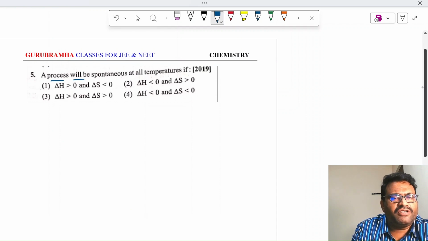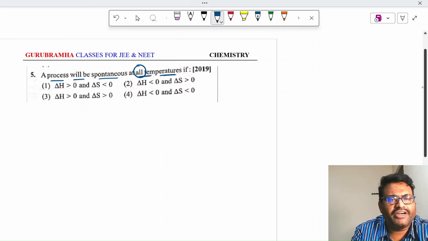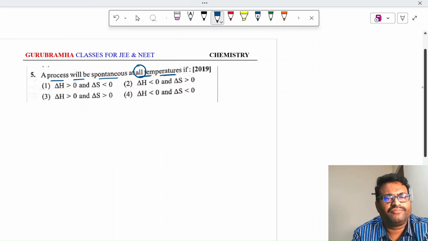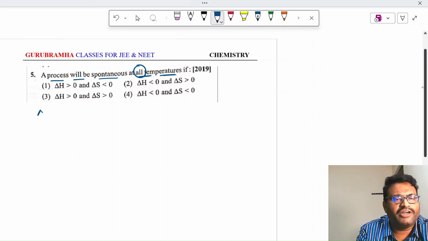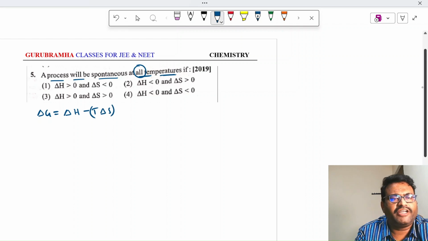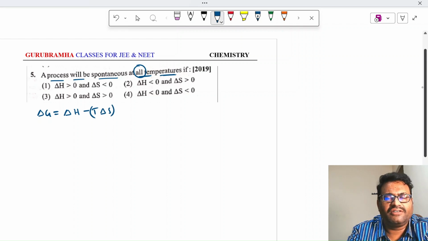A process will be spontaneous at all temperatures. This is very important, at all temperatures. So let us see those 4 options. We know the formula. What formula do we know? Delta G is equal to delta H minus T delta S. And we know that if delta G is equal to 0, the reaction is at equilibrium.